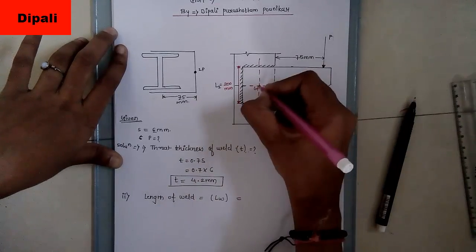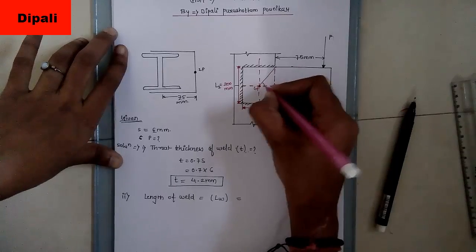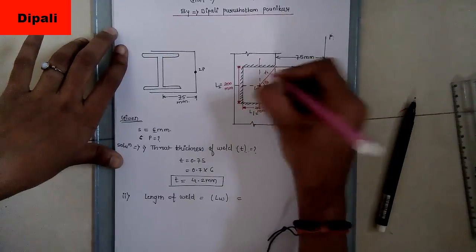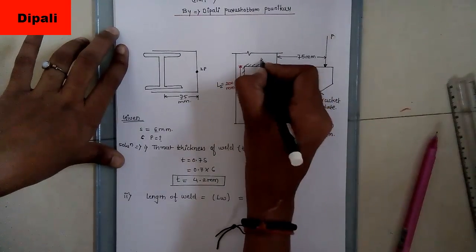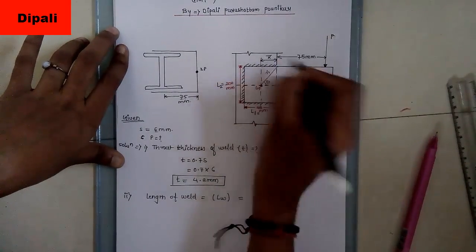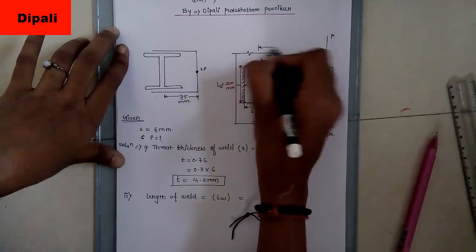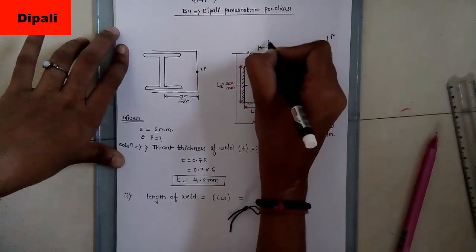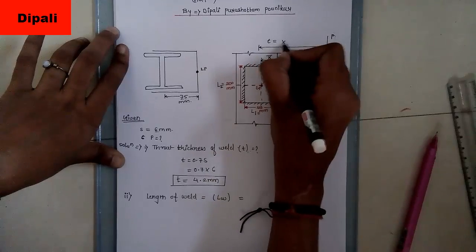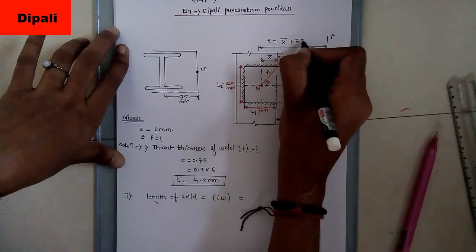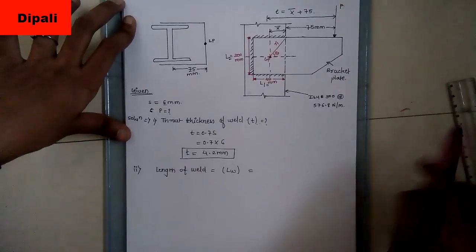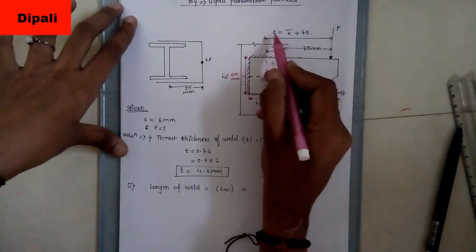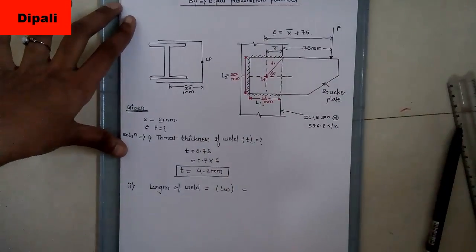So we can calculate the value of theta also, and this is R1. We have to calculate x bar also. This x bar plus 75 is the eccentric distance. Firstly we have to calculate x bar, then only can we calculate the eccentric distance.